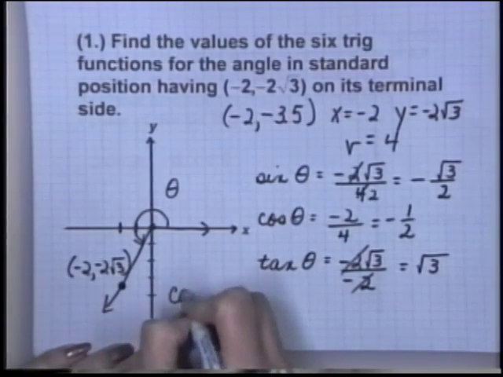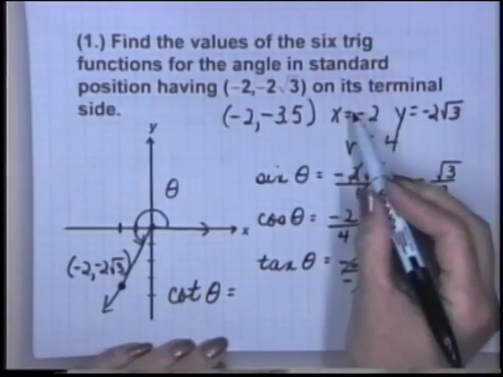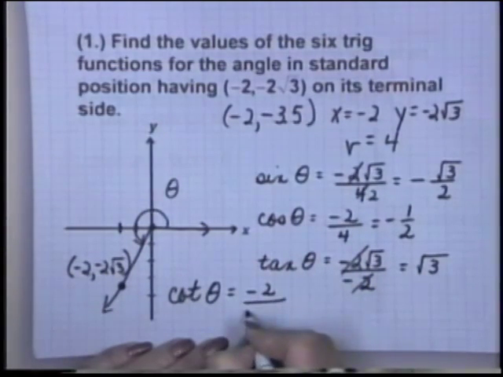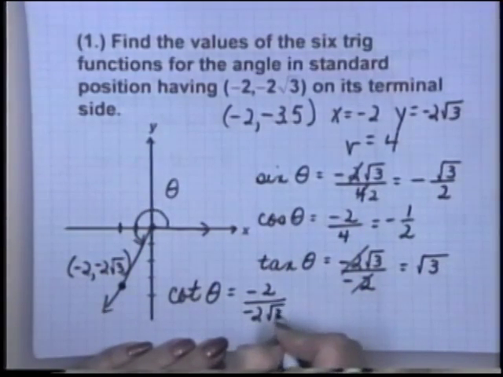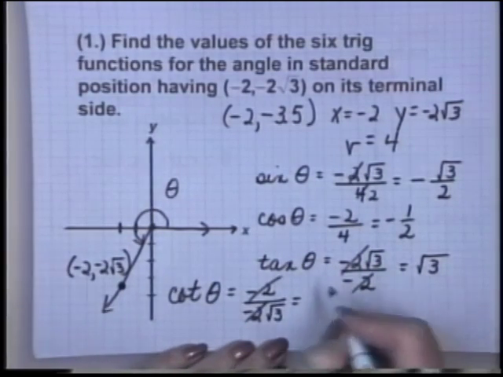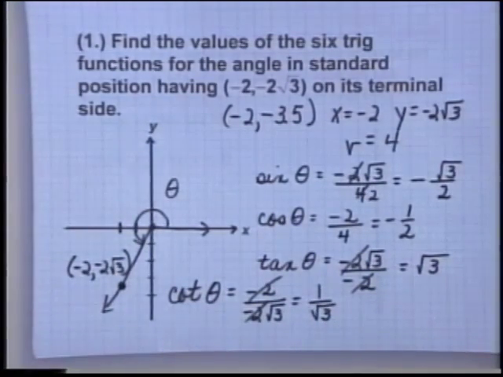For my cotangent of theta, x over y, well, the -2's divide to 1, but I'm left with 1 divided by the square root of 3.